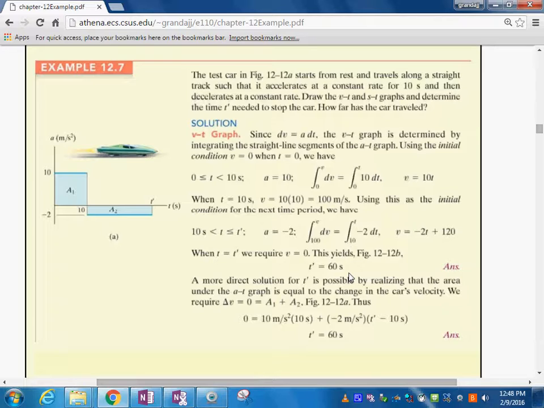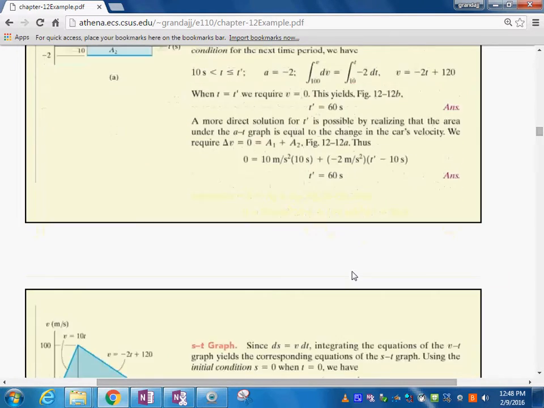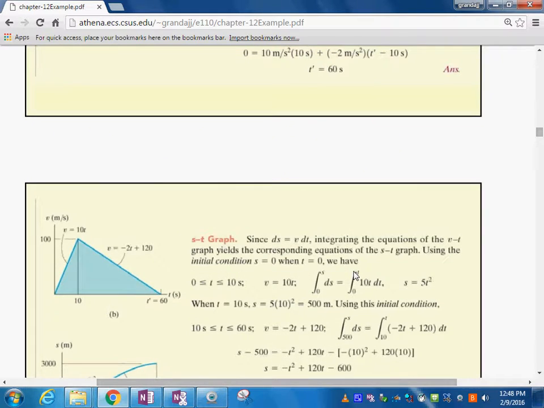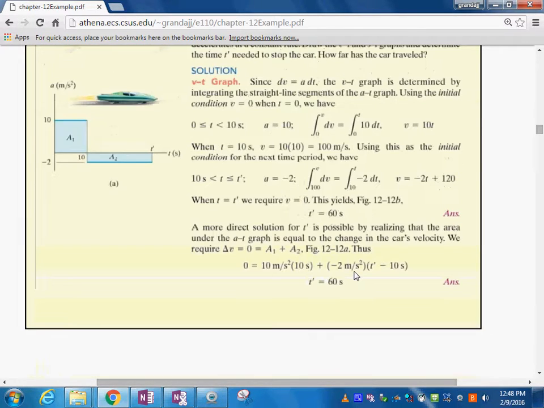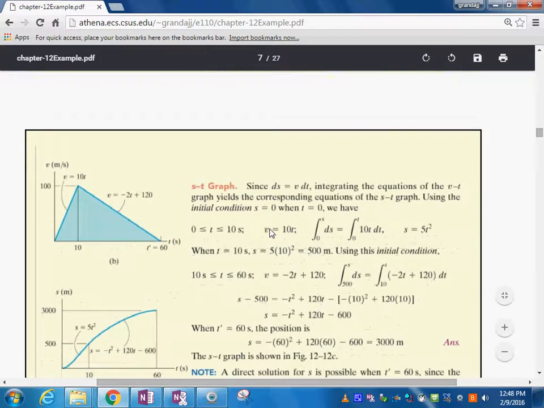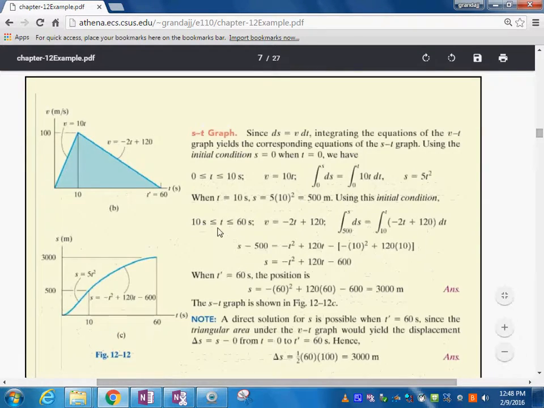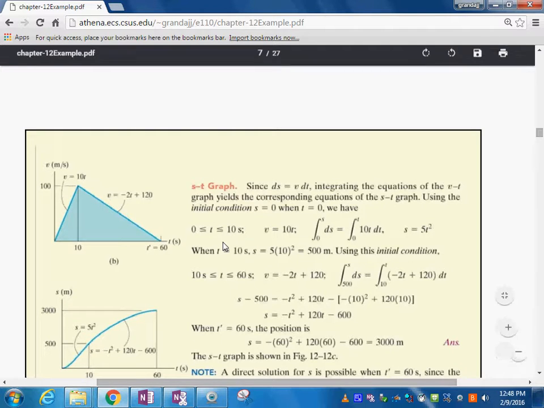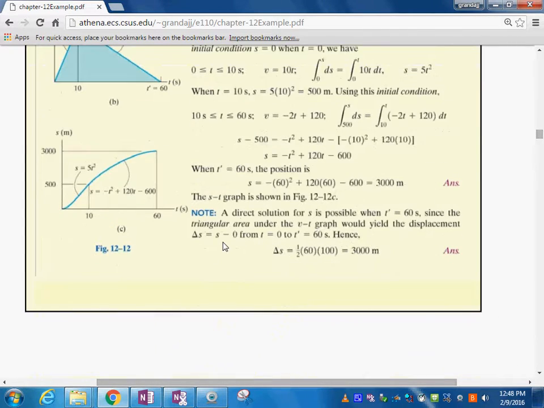And here, if you integrate the equations that ds is equal to v dt, so velocity is the derivative of position is what it's saying here. But if you integrate the equation for v(t), it will yield the equation s(t). And we use the initial condition for s equal to 0 and t equal to 0.